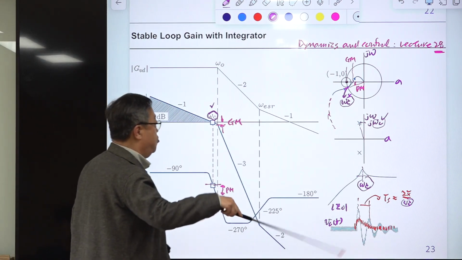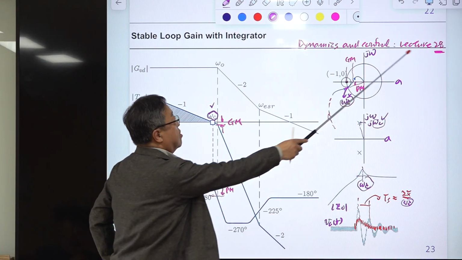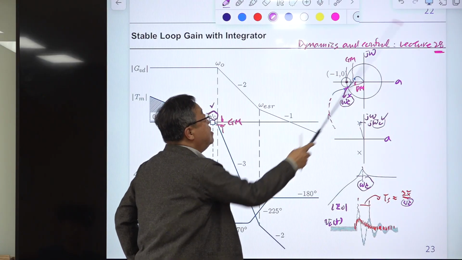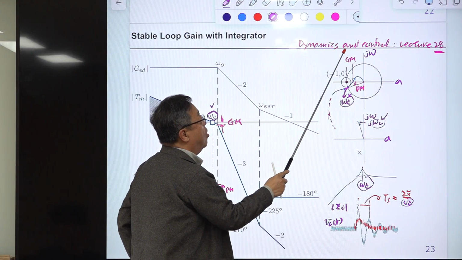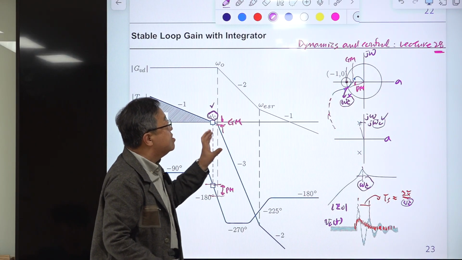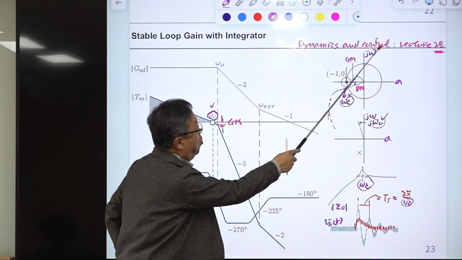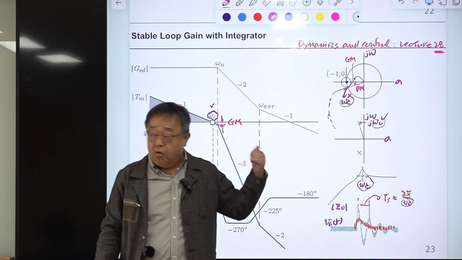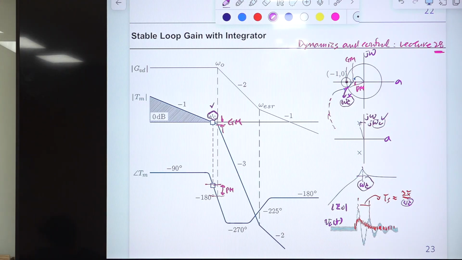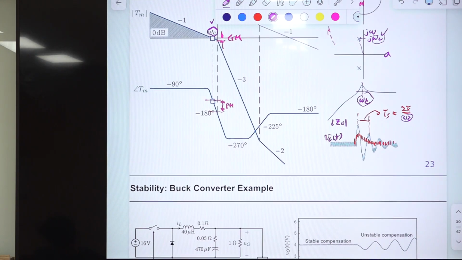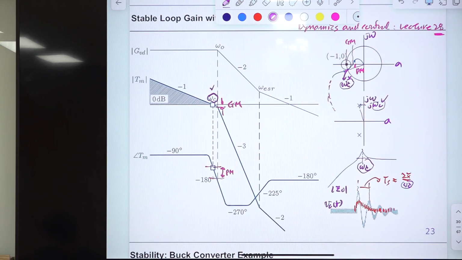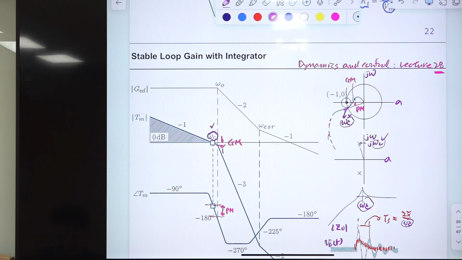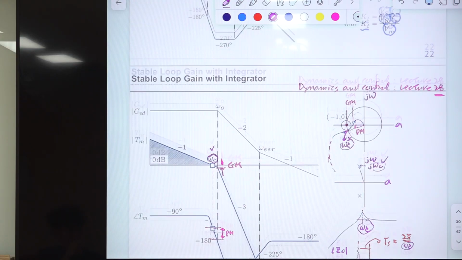Okay, and if you have some doubt about this, go to lecture 28 of the YouTube lecture series Dynamics and Control of PWM Converter. Go there, and there is a lot of useful information about that. Okay, so this is stable, but it cannot be accepted, right?